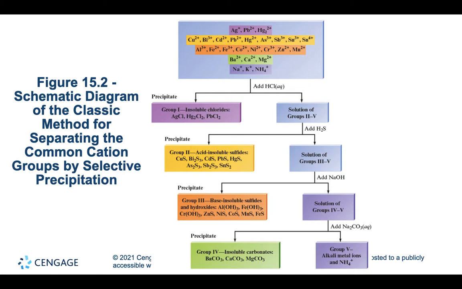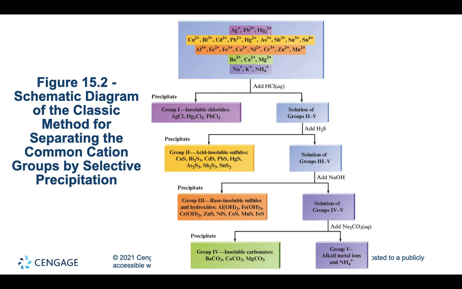So to start with, to get your group 1 to precipitate, you would add HCl, because the Cl- will precipitate the silver chloride, the mercury 1 chloride, and the lead 2 chloride. And then you pour off the solution, and that's going to have your groups 2 through 5 in it. If you add H2S with a low pH, you're going to get your acid insoluble sulfides, your group 2s.